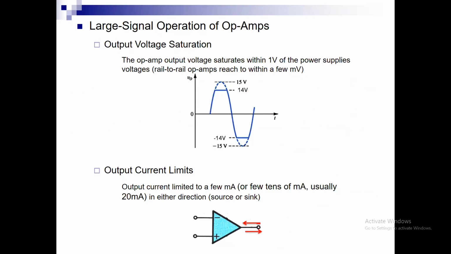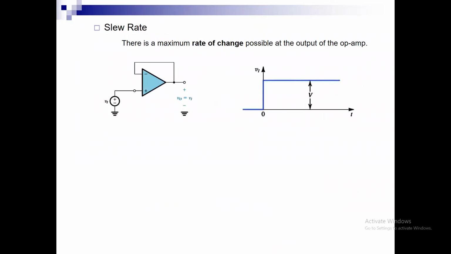Great. Now there is a third condition which also needs to be met, and they are somehow related, but they are stated alone. It is the slew rate. It's the maximum possible rate of change at the output. For example, if we look at the voltage follower, we say that VO equals Vn. But in real life, I cannot have the output step immediately.